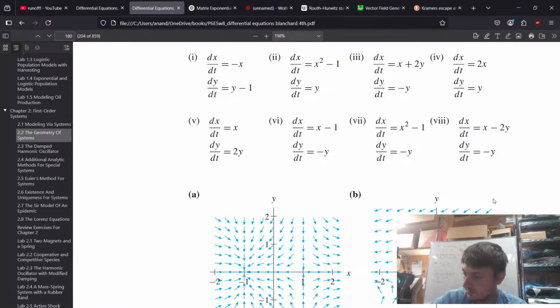These are the two that we're comparing. We get 1 minus lambda times minus 1 minus lambda for the first one. The eigenvalues are going to be the same, but the eigenvectors are going to be different. So lambda is equal to plus or minus 1 for both cases.